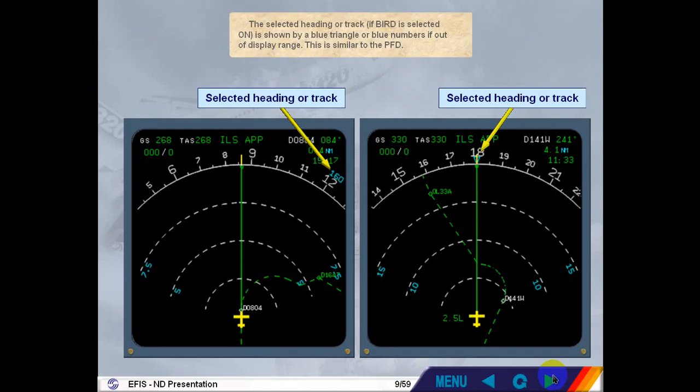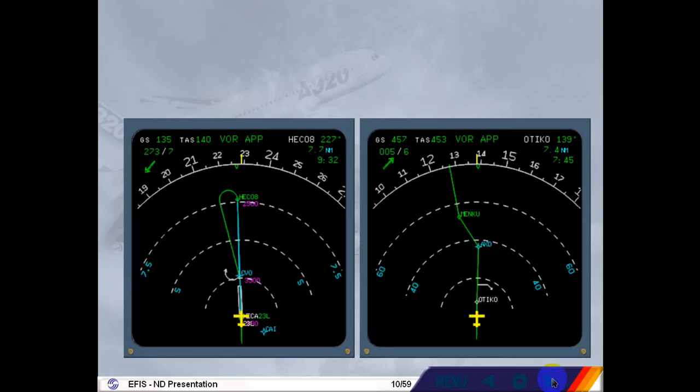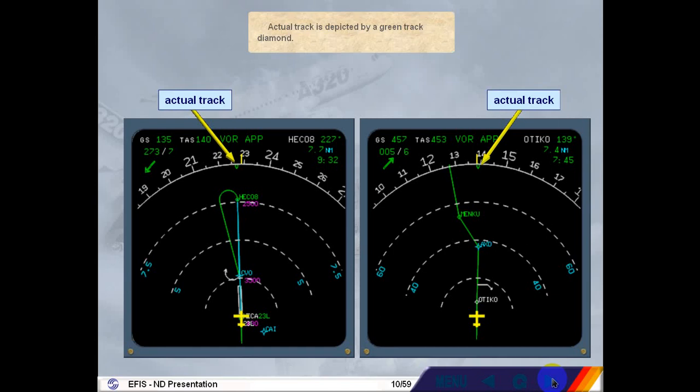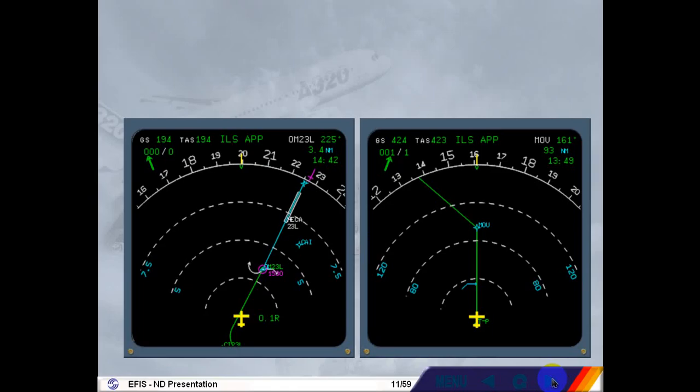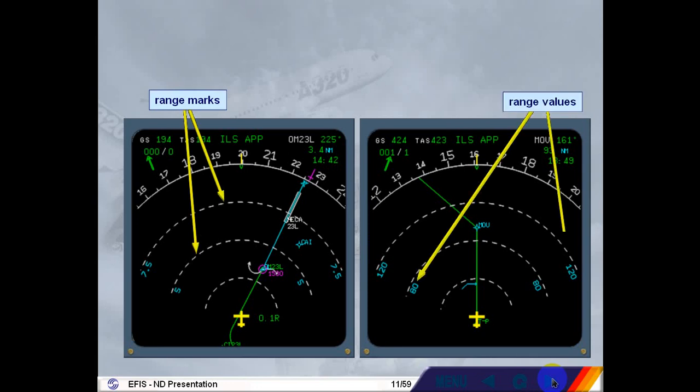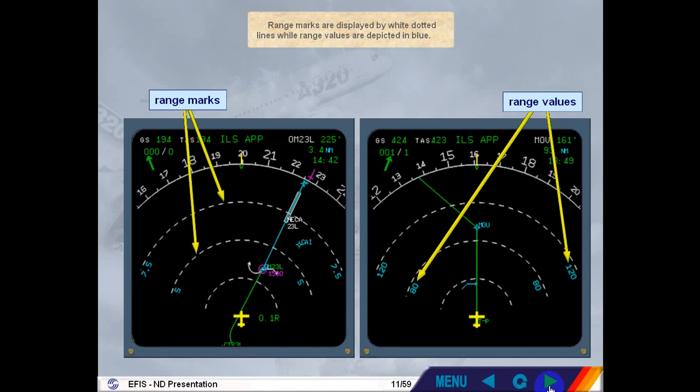This is similar to the PFD. Actual track is depicted by a green track diamond. Range marks are displayed by white dotted lines, while range values are depicted in blue.